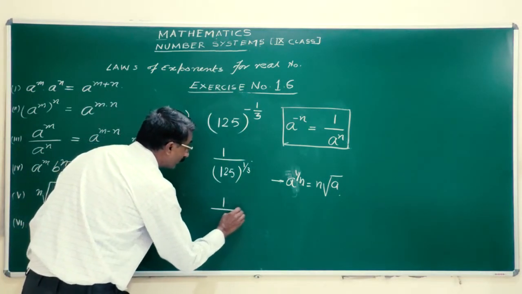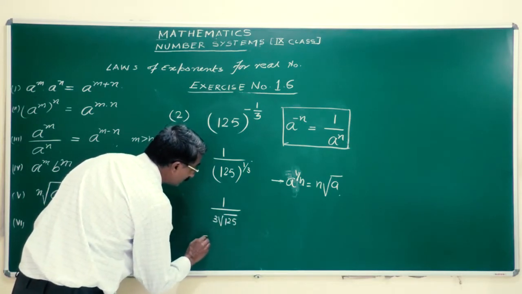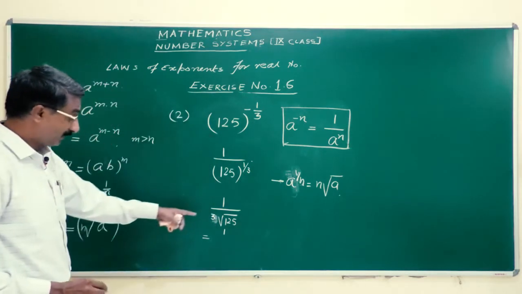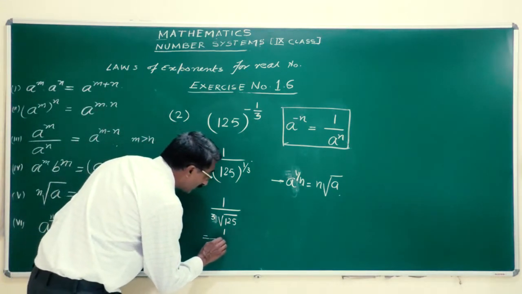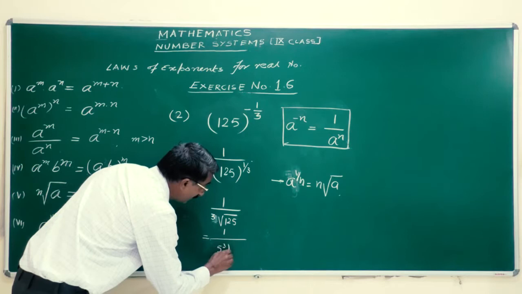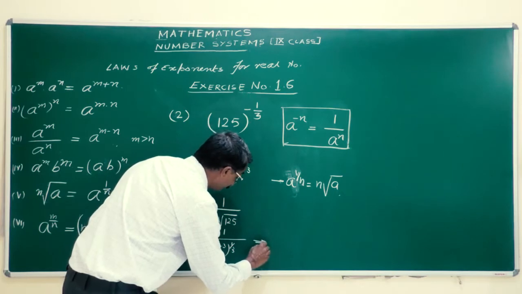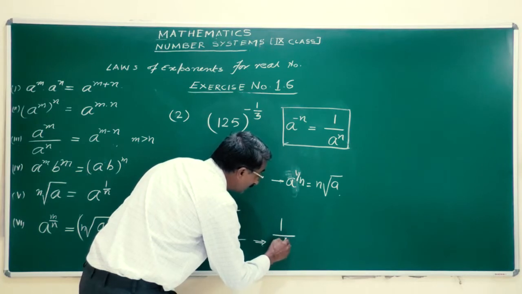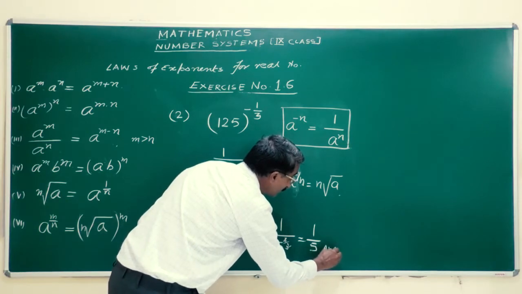So, 1 upon the cube root of 125. 125 is 5 raised to the power 3, whole raised to the power 1 upon 3. So, this is equal to 1 upon 5 raised to the power 3 upon 3, the 3s cancel. So, this is equal to 1 upon 5. So, this is the answer.